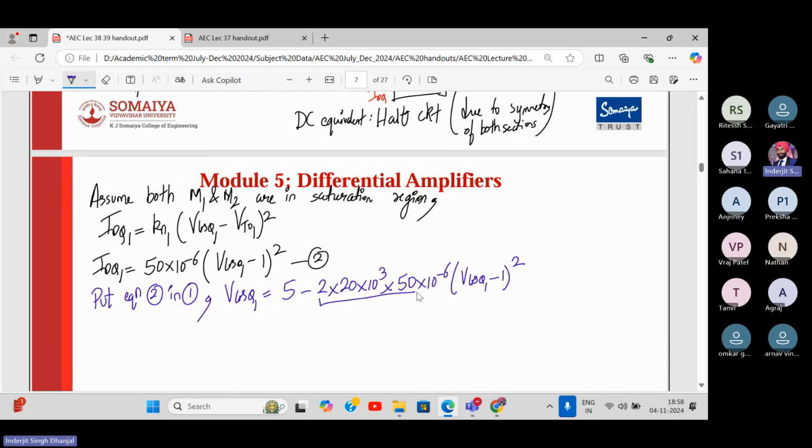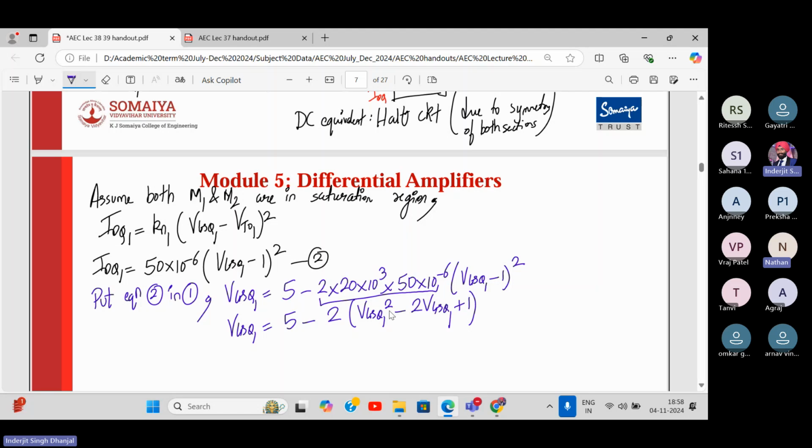So how much is this? Calculate it. I think this will be 2 only. Just cross check. 20 kilo into 50 micro will be around 1. Is it? So VGSQ square minus twice VGSQ1 plus 1.